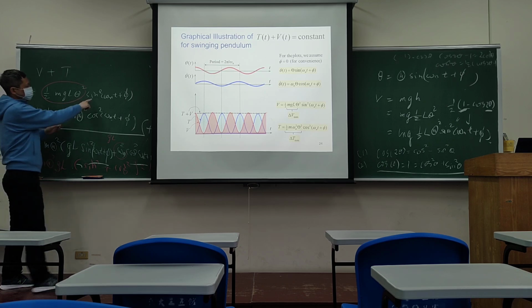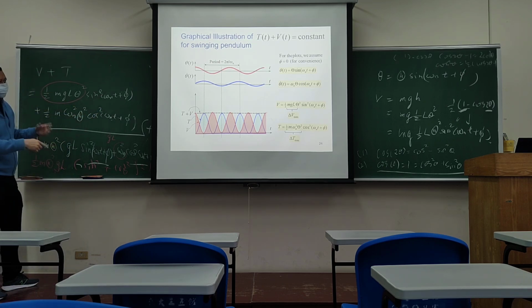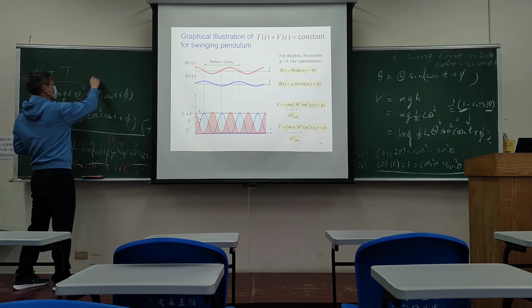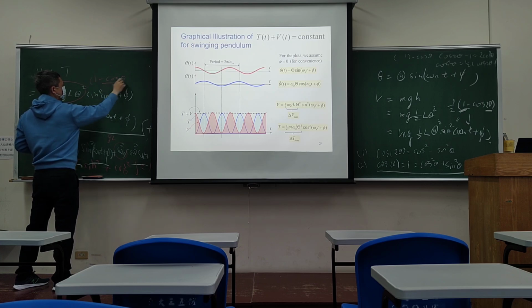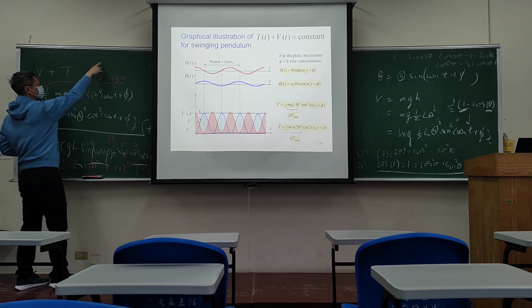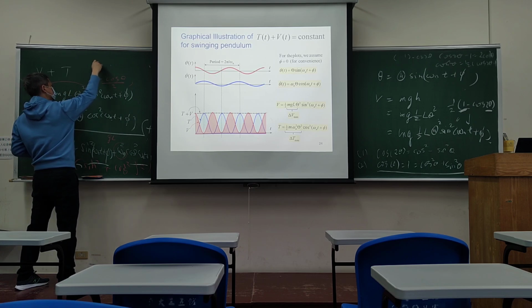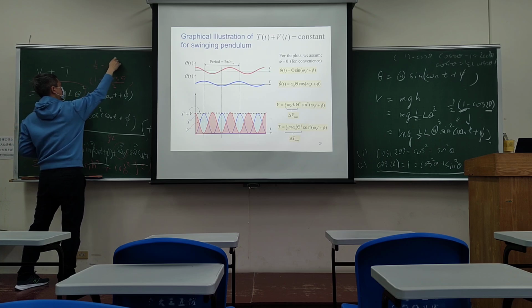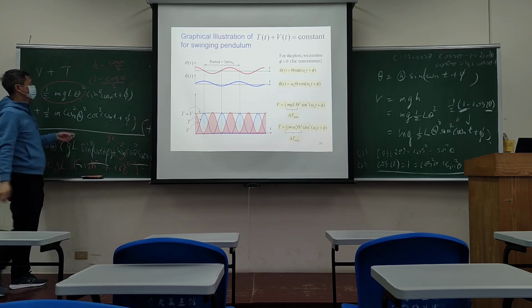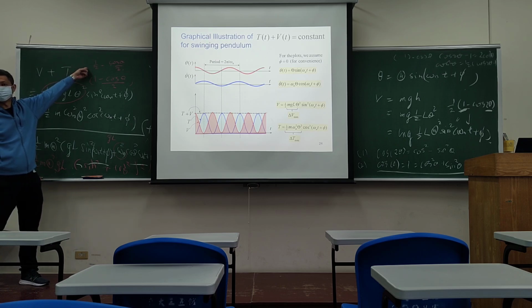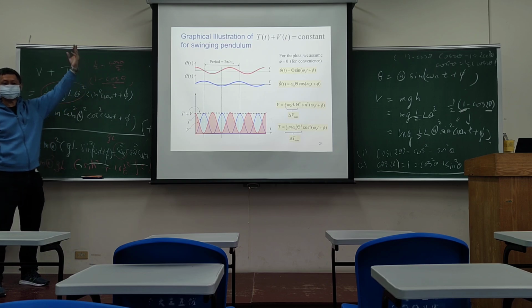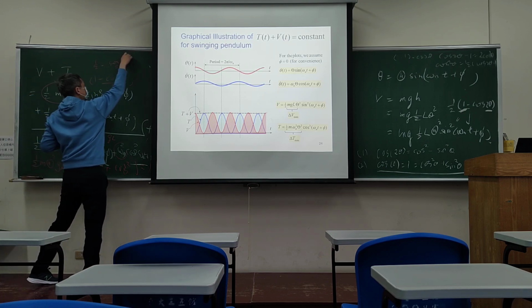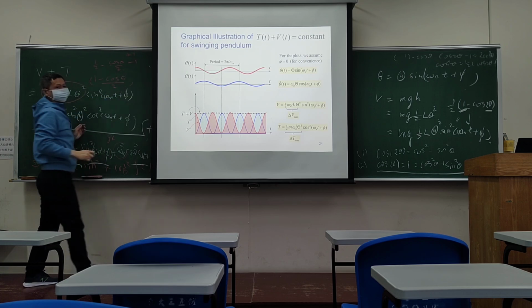This is because sine squared, which is half minus half cosine 2 theta, will change between what? This cosine can change between positive 1 and negative 1.